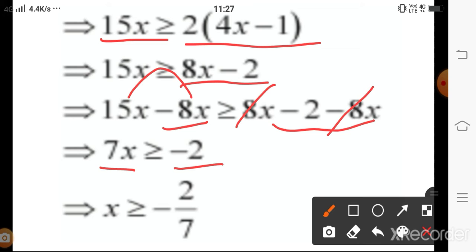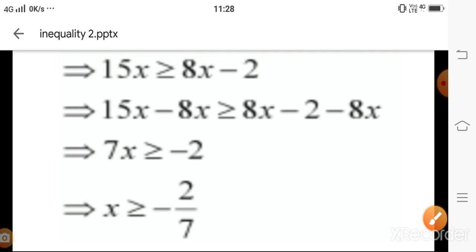Now to remove the 7, we divide both sides by 7. On the left hand side we get x, and on the right hand side minus 2 upon 7. What we observe here is the greater than or equal to sign. It means we take all the values greater than minus 2 upon 7, and we include this value also because we have the equal to sign. So x equal to minus 2 by 7 we also have to consider. Then let us plot on the graph paper.